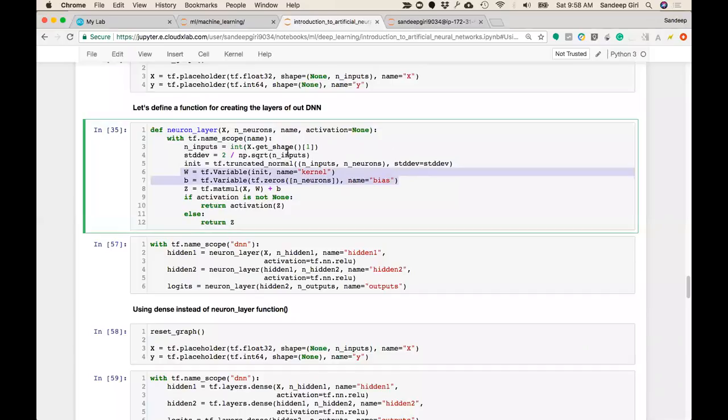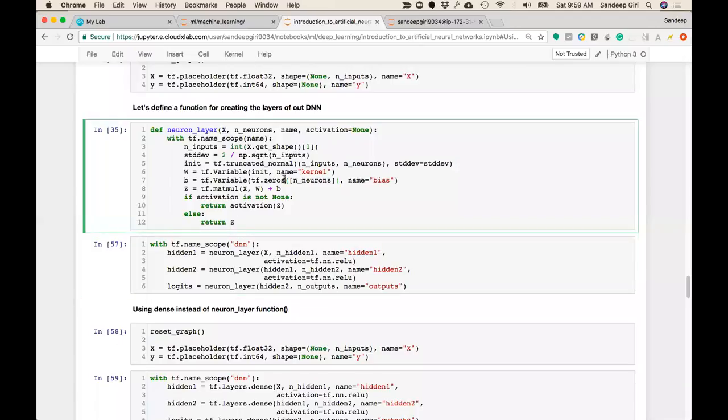If you have created 5 layers, there will be 5 names in the graph, displayed independently. So every time you call a neuron layer, it creates a layer with whatever name you give, with these many neurons, takes this input, and returns the output values, which you can tie again.